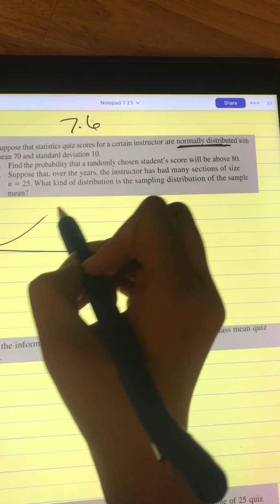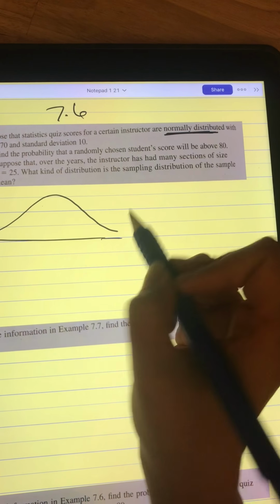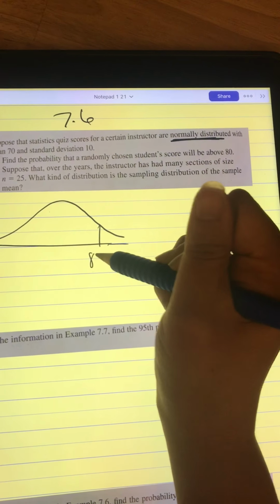So find the probability that a randomly chosen student score will be above 80. What it's asking me to find is the area under the curve above a score of 80. They told us that the mean is 70 and my standard deviation is 10. So if my standard deviation is 10, then that's one standard deviation over.